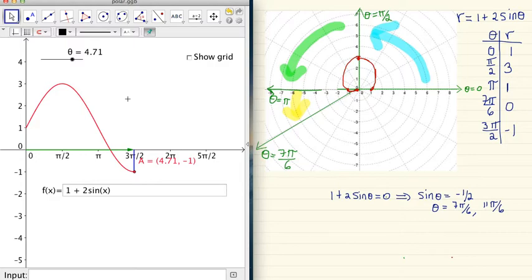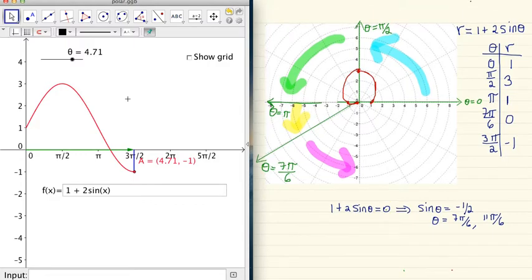So now I'm going through these angles, but r is negative, so that means I'm really going to draw the curve through these, in that region, in quadrant 1. Theta equals 3 pi over 2 is this ray.